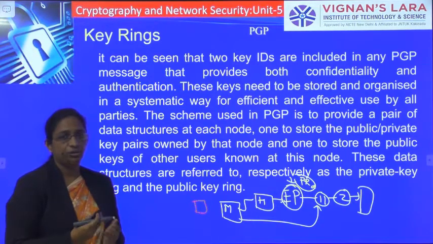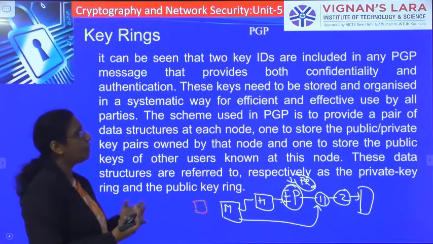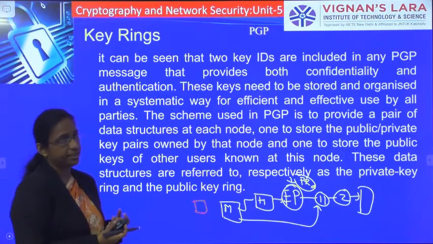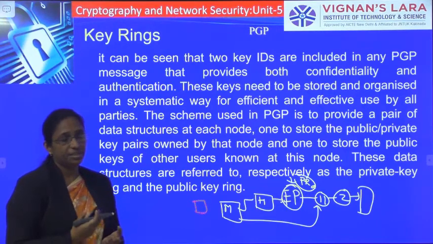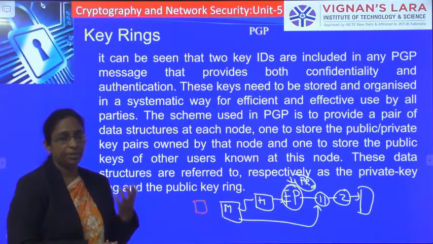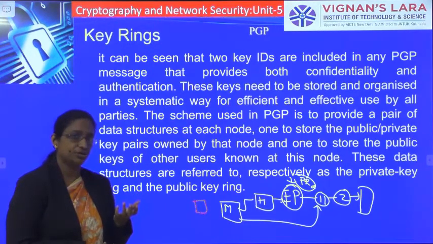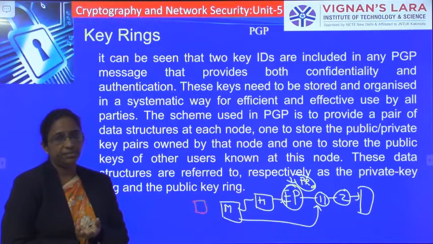For providing those public and private keys, PGP maintains a public key ring and a private key ring. The public key ring consists of the public keys of all the entities, and the private key ring consists of the private keys of the entities.